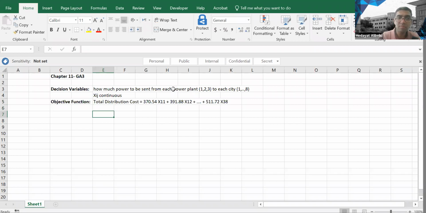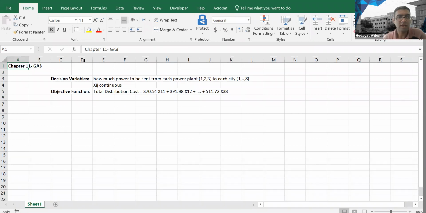Guys, make sure to stop me if you're not clear on the cost, if you're not clear on the decision variable, because everything that comes after this, the solution, your interpretation, everything depends on your understanding of the decision variables and objective function. If you make simple mistakes afterward, it's not going to affect your grade significantly.